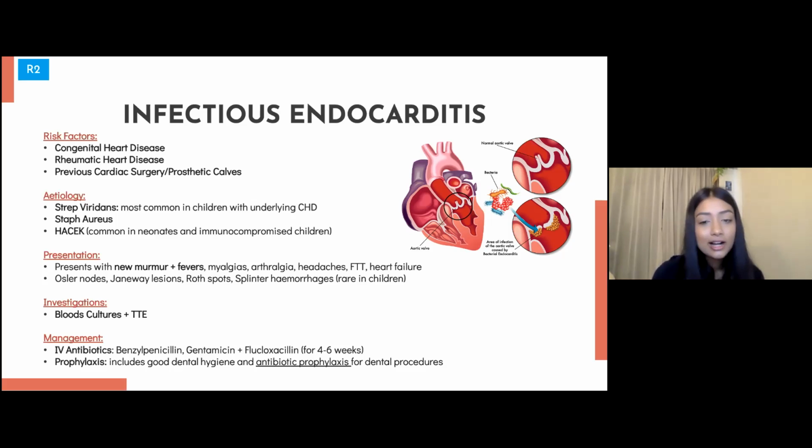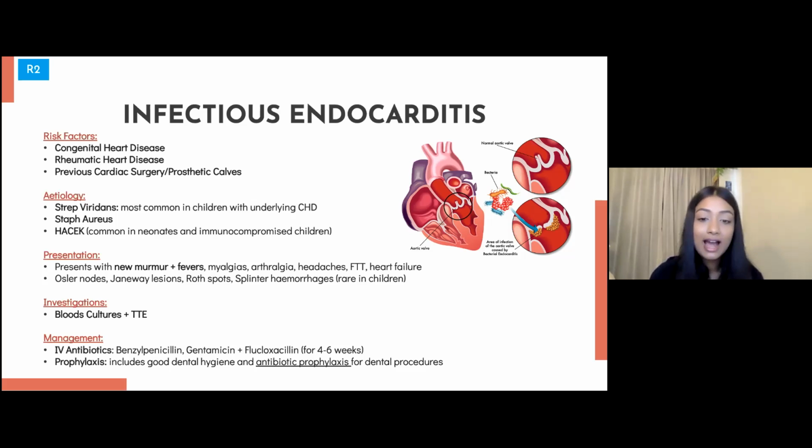So any child that presents with a fever and a new murmur should have infective endocarditis considered as a diagnosis. We look for the signs listed here: presenting after the fever, as we said, myalgias, headaches, and physical signs that we know, such as Janeway lesions and splinter hemorrhages, thinking about microemboli from the infected valve.